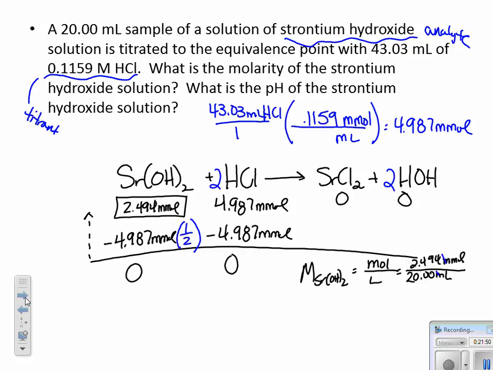Milli cancels, and we have moles per liter, which is exactly what we want. A molar concentration to 4 significant digits is going to be 0.1247 molar. Okay, that's all I have for you.